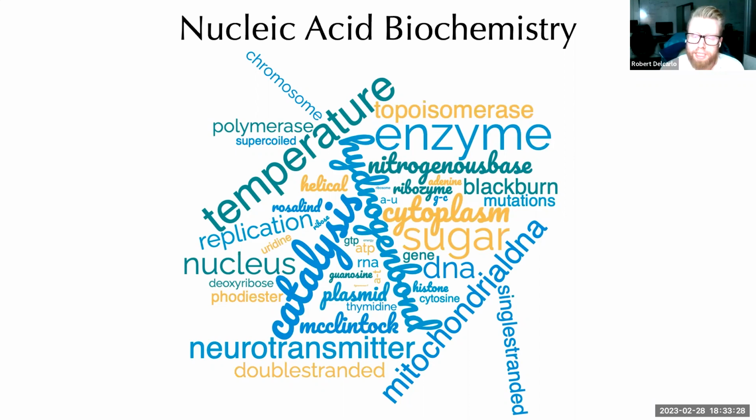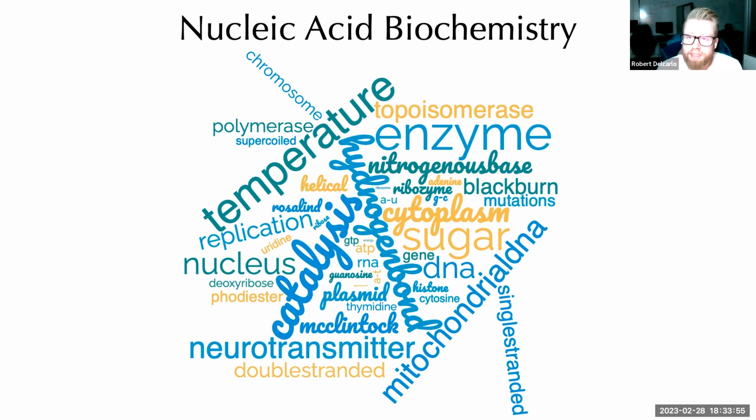We've got mitochondrial DNA. Mitochondria have their own DNA. We've got nucleus and cytosol. Genetic DNA in eukaryotes is housed in the nucleus. RNA is transcribed in the nucleus and then moved to the cytoplasm. Some of these components of nucleic acids are themselves used as neurotransmitters. There's some different sugars like ribose and deoxyribose.